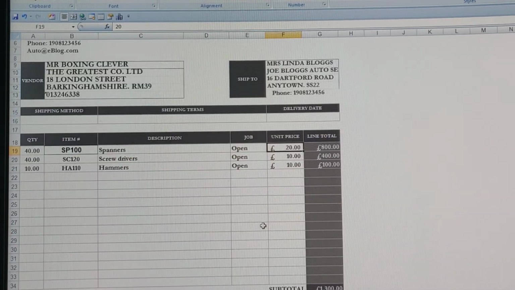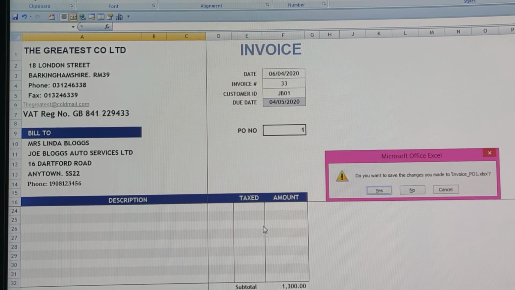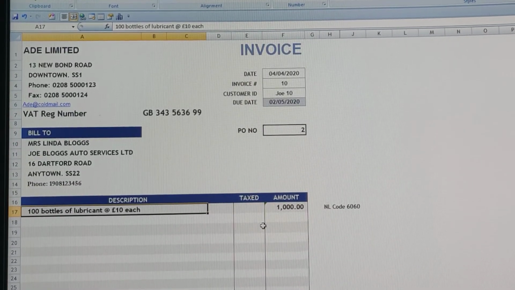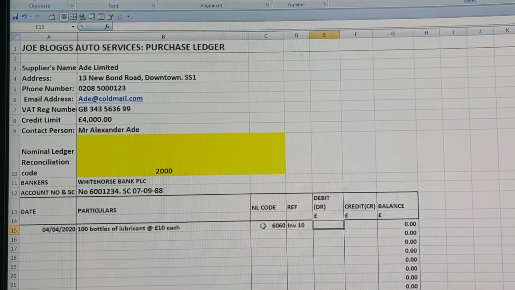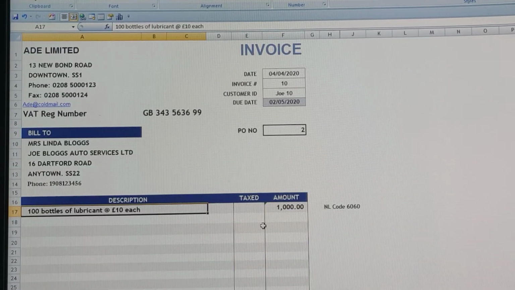Invoice reference number 10. Now, the total amount is what we are going to put here. That is the amount inclusive of VAT.